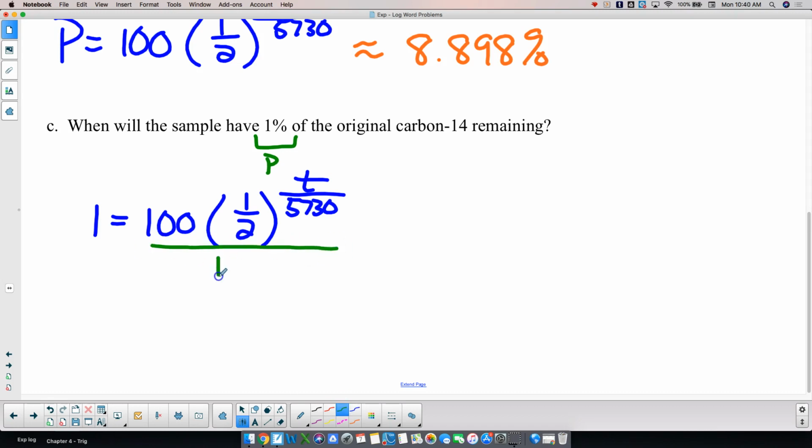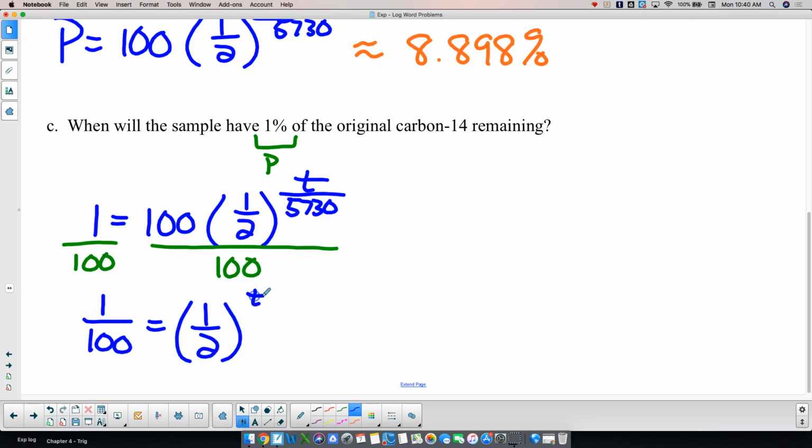Or, excuse me, isolate the exponential in this case. That gives me 1 over 100 equals 1/2 to the T over 5730 power. Now what?